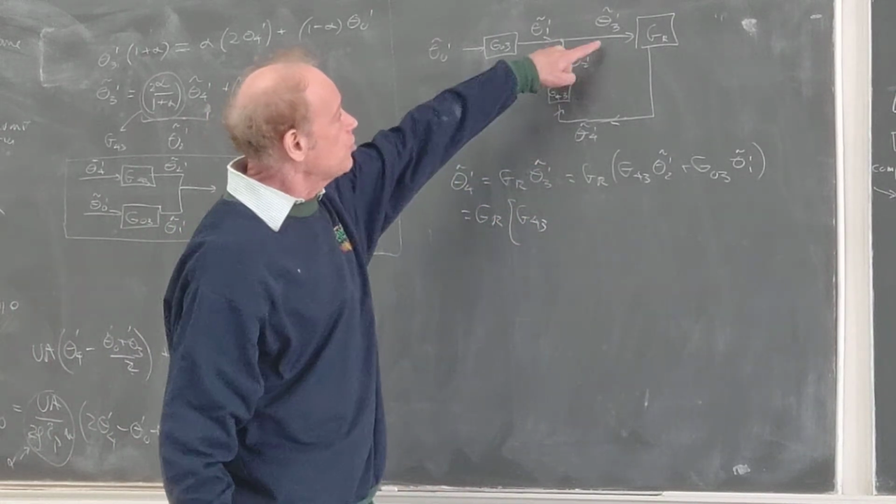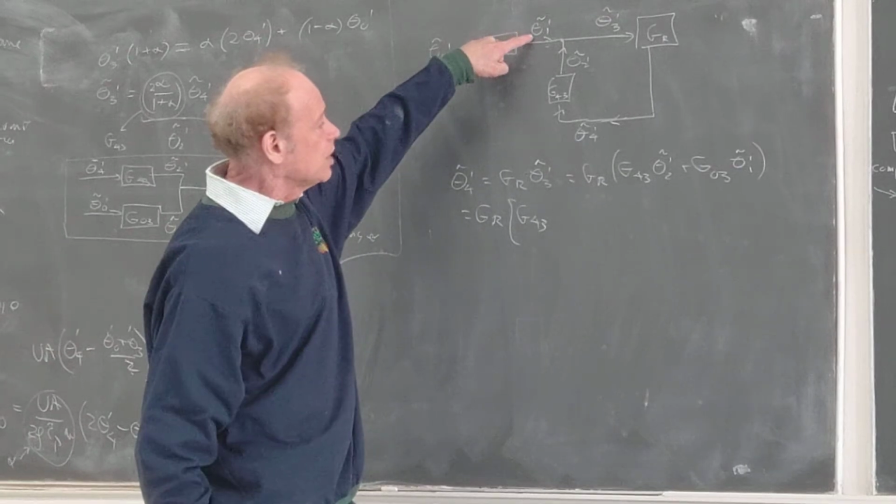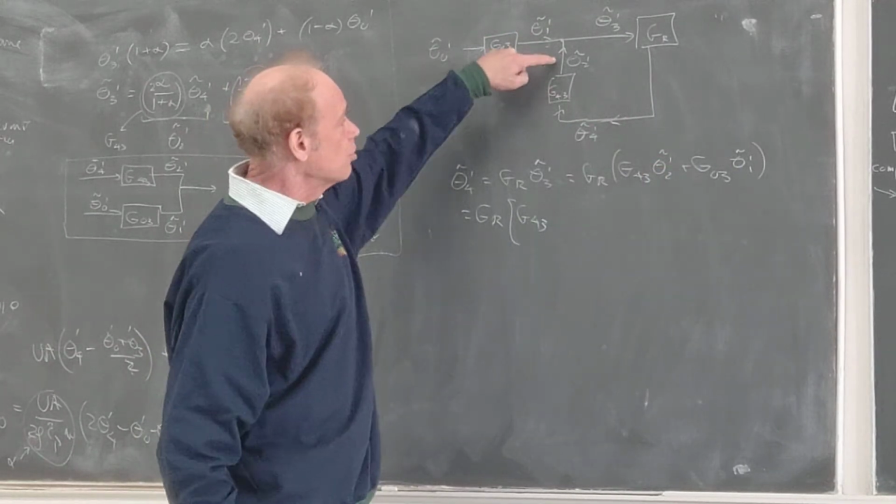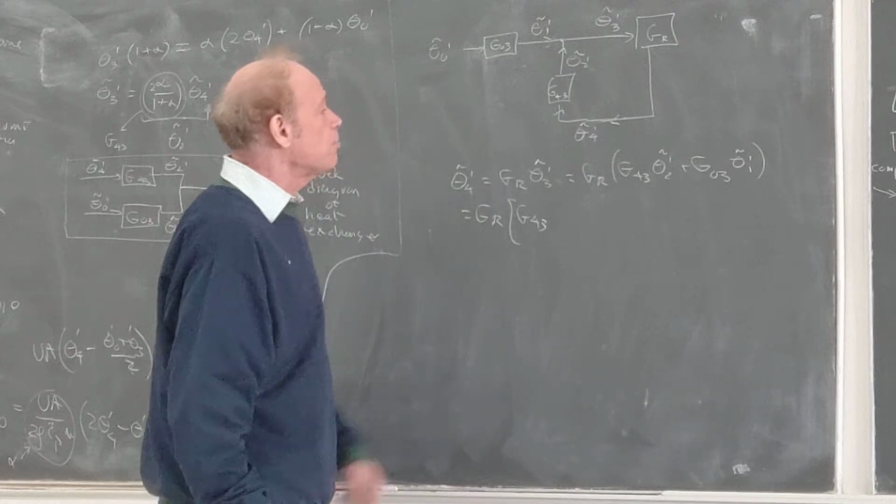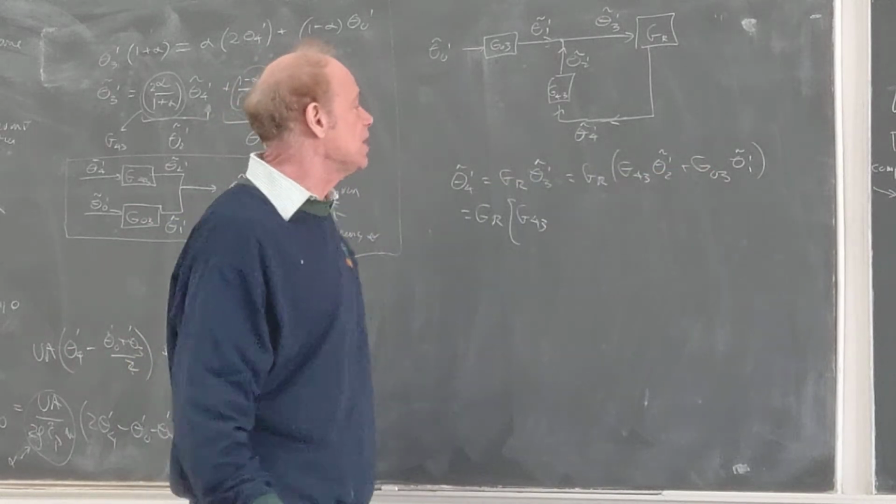So theta 3 is G03 theta 1 prime tilde plus G43 times theta 2 prime tilde. But what is theta 2 prime tilde? What is theta 1 prime tilde?